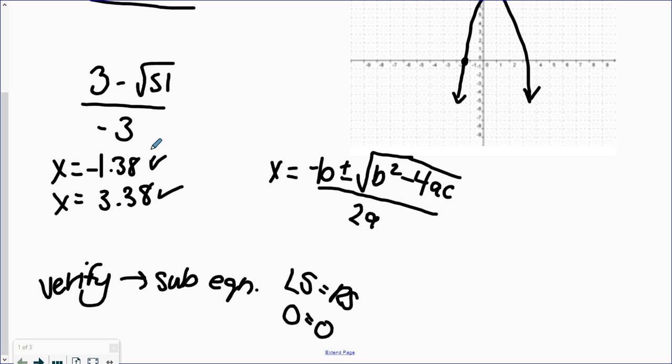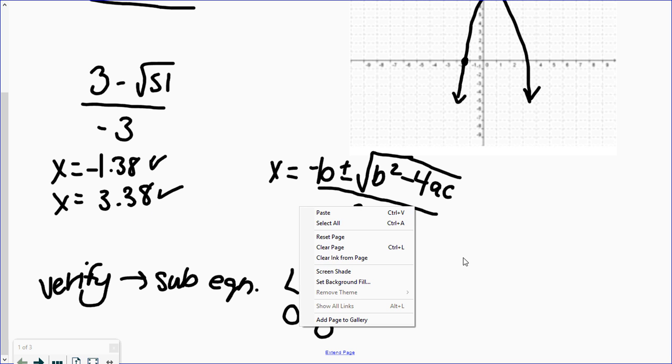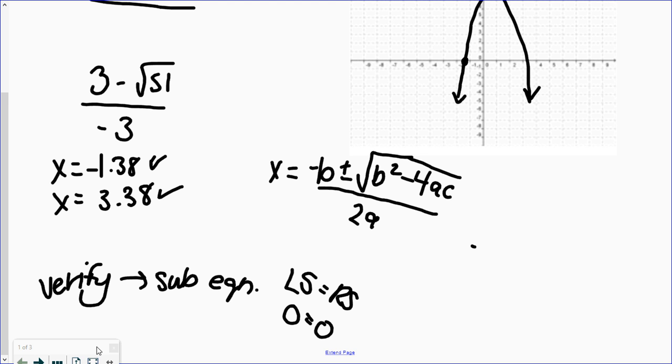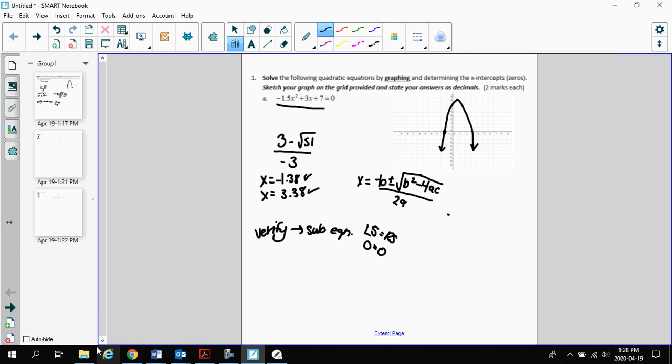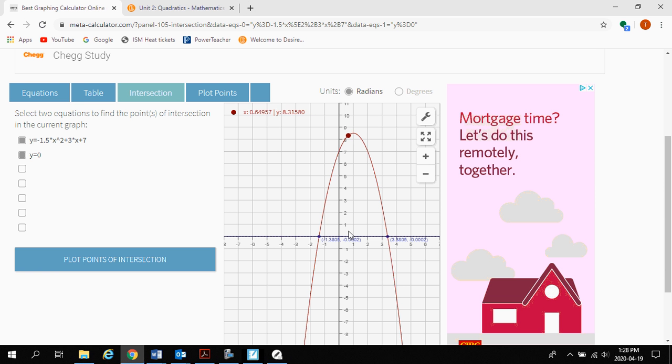So do them independently and make sure that when you substitute them in, they get pretty close to equal to 0, right? Again, you see that our values from here are rounded values. So negative 1.3805 and positive 3.3805. If I'm just putting in negative 1.38, I'm probably going to be off by a little bit when I do the verification process.